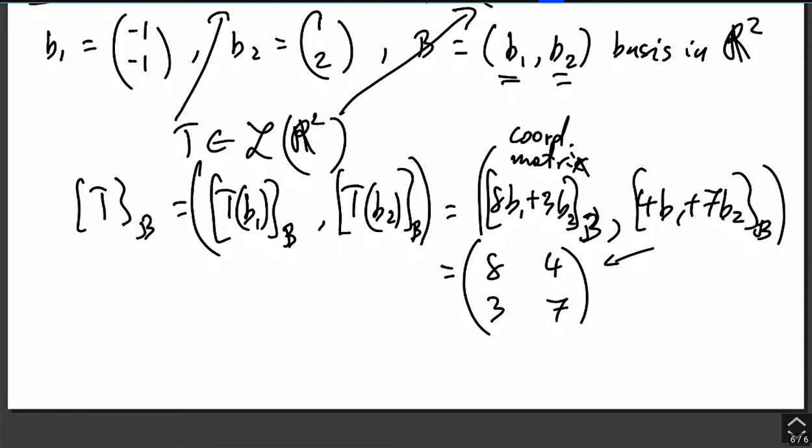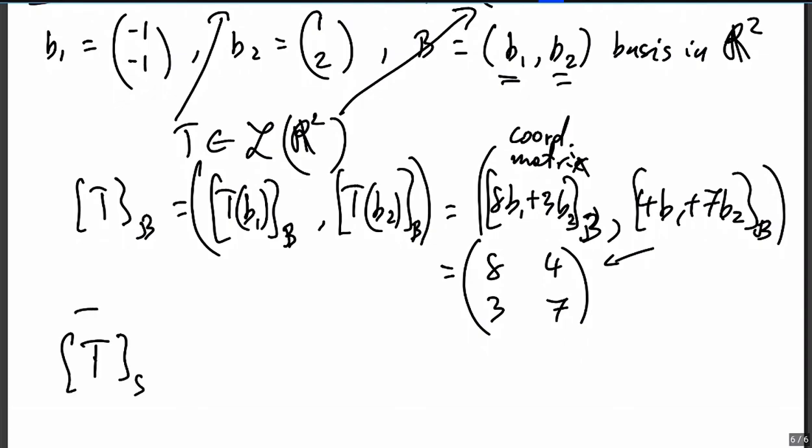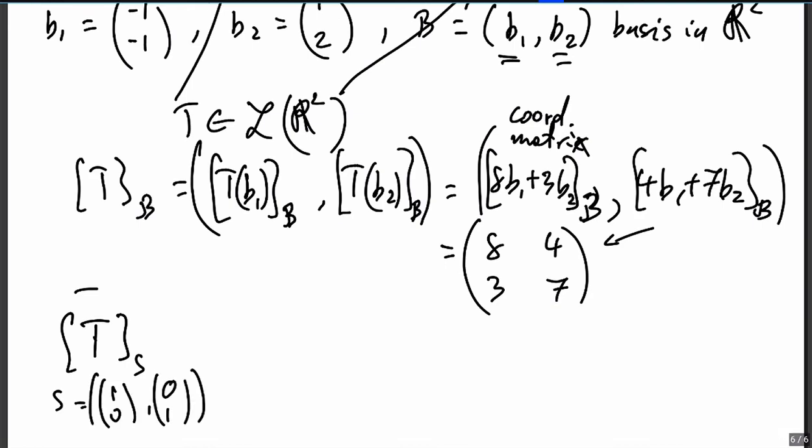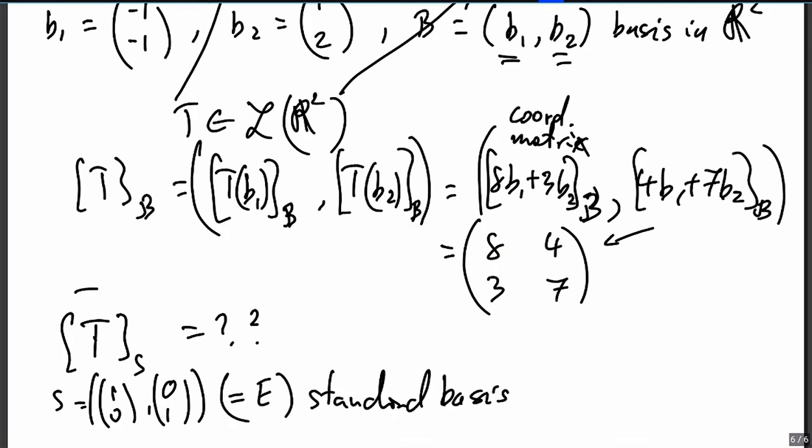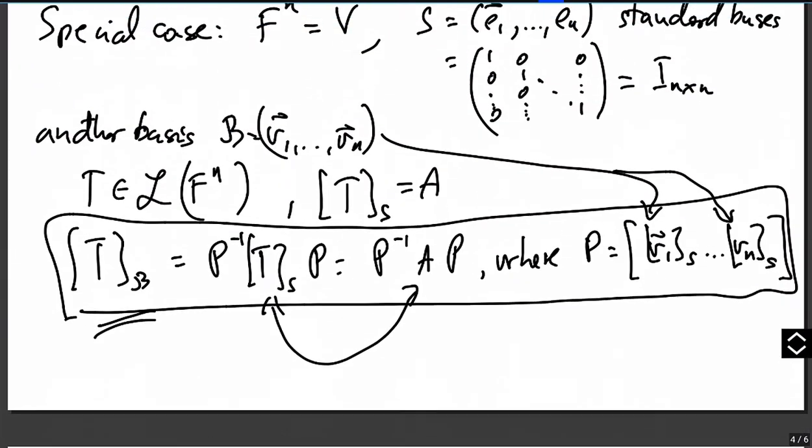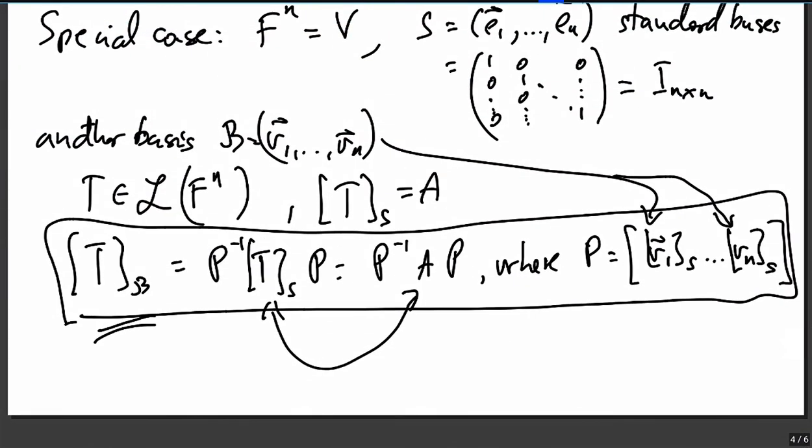But now the question is, what if you want to go back and get the matrix in the standard basis 1, 0, 0, 1? Sometimes the E notation is also used for that. So we have the standard basis and another basis. We can use this formula in some way, maybe rearranging it.